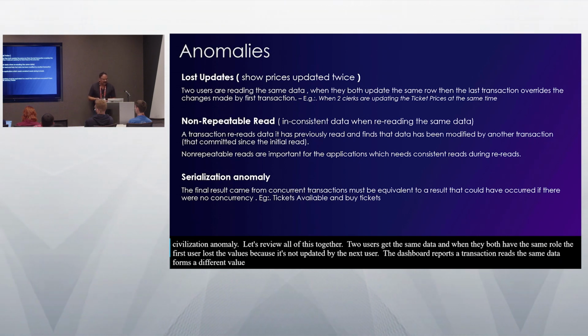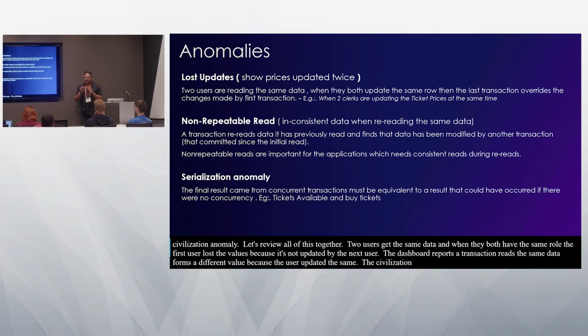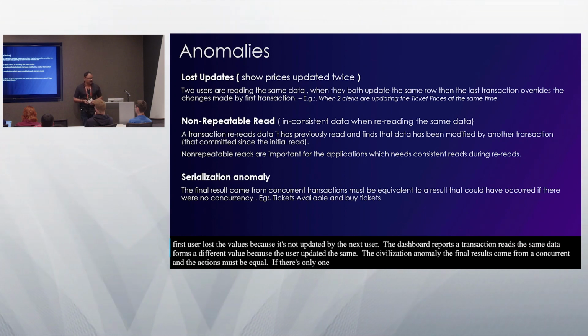In the serialization anomaly, the final result from the concurrent transactions must be equivalent to a result that could have occurred if the transactions executed one at a time in a serializable manner. So this is a quick review of the anomalies we have seen in the previous 3 slides.